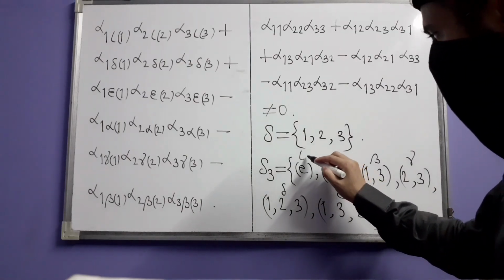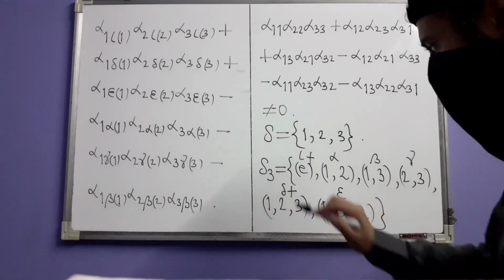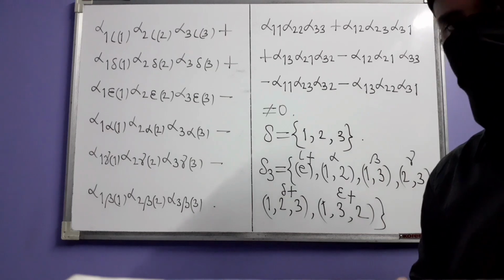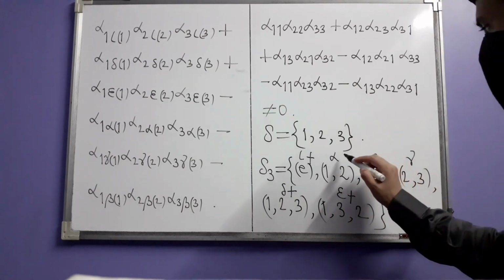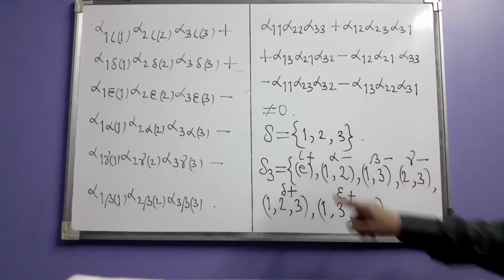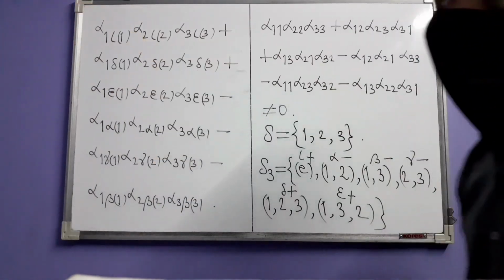Let me put a plus sign over the even permutations. The 3-cycles are even. If the length of a cycle is odd, then it is an even permutation. If the length is even, then it is odd. And these 3 are odd permutations. Because this is even, here we have a plus.